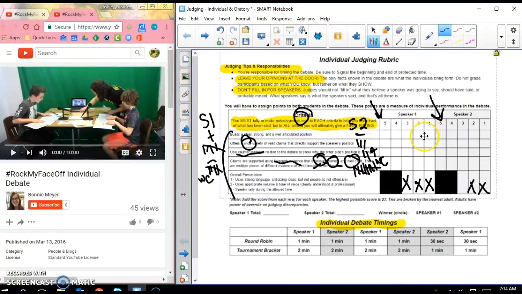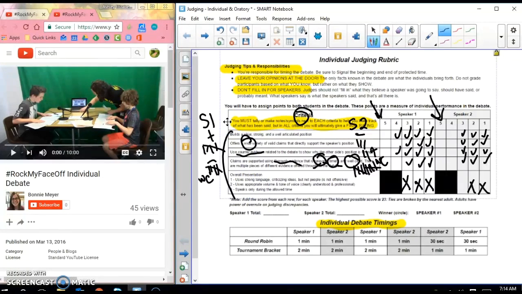So I'm going to decide maybe that this person is going to get a 4 this way and a 3 this way, and they got a 4 here and they got a 3 here, and then this person, maybe they got 3s all the way down. Whatever it is that you decide should be based on the notes that you have taken, not on your personal opinions, not on how well you know the person who's speaking.